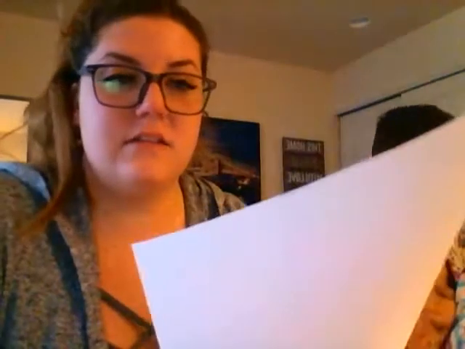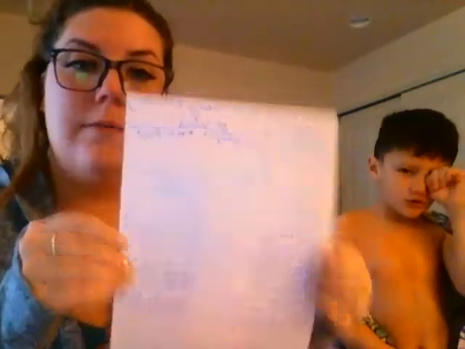So this is the lesson plan for character contribution. It meets the CCSS Literacy 3.3 standard: describe characters in a story, their traits, motivations, or feelings, and explain how their actions contributed to the sequence of events, which is exactly what we just did with the character contribution.